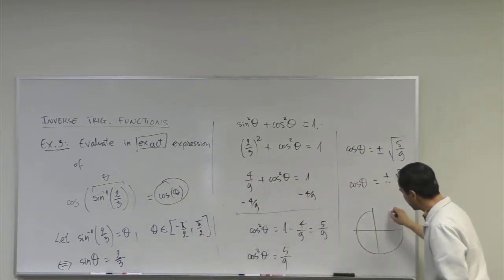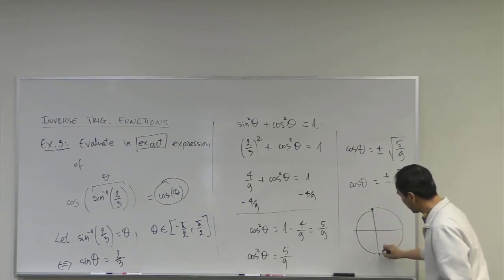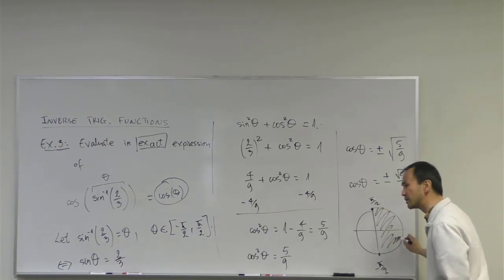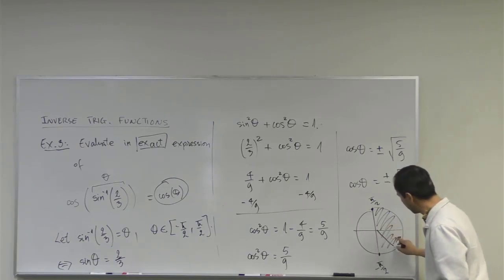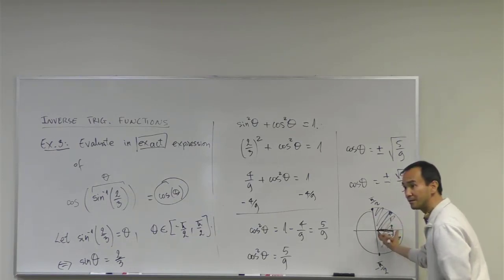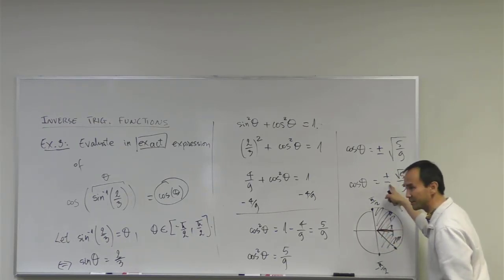If theta is anywhere from minus pi/2 to pi/2, think about the unit circle: theta is basically anywhere on the right-hand side of the unit circle, quadrant 1 or quadrant 4. You guys follow? So anywhere in here, whether you're down here or up here, your cosine value has to be what? Positive. See right now? That's why we're ruling this out and taking the positive one.